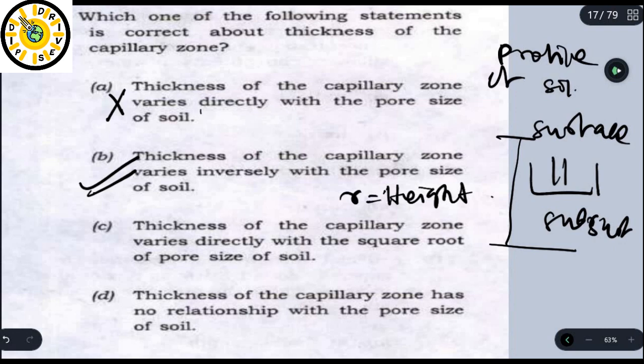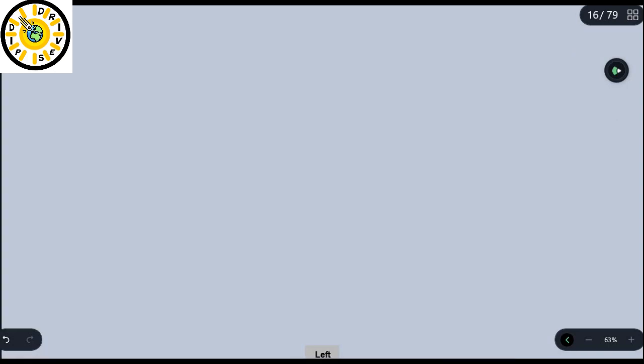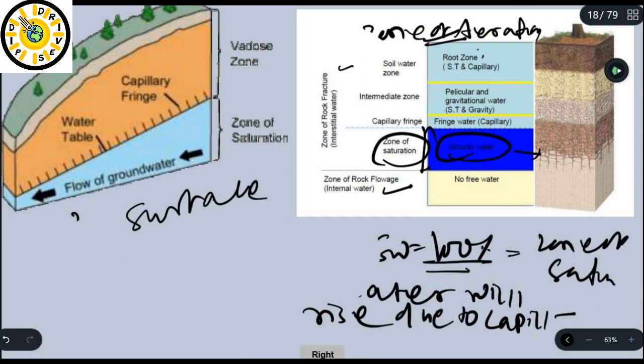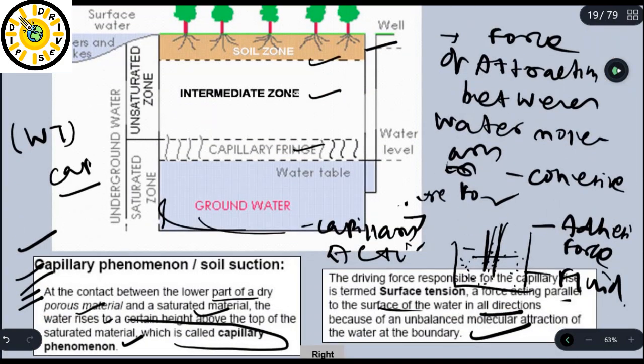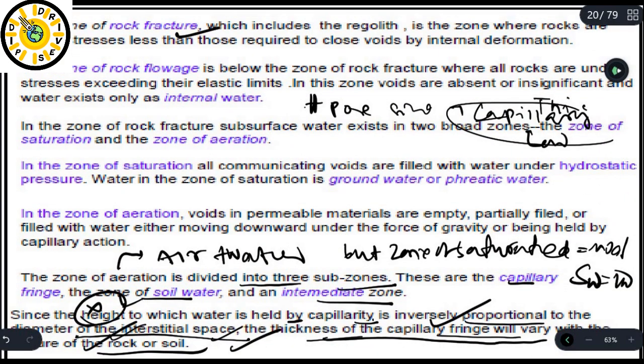The thickness of the capillary zone varies inversely with the pore size of soil, ठीक है. Hope so it is clear, the complete capillary range. ठीक है, here it is written, you can take the screenshot also.